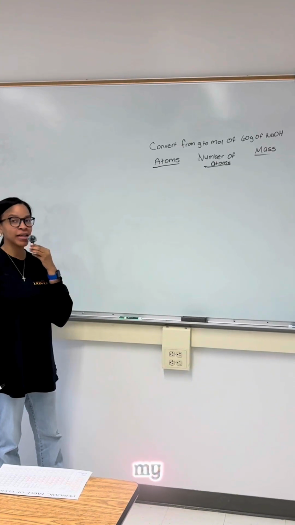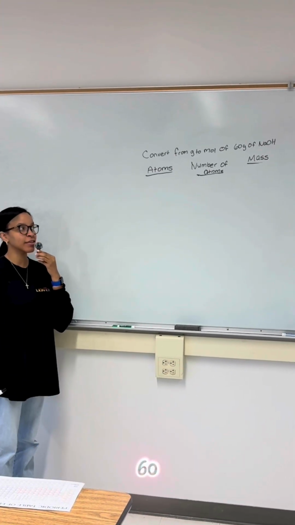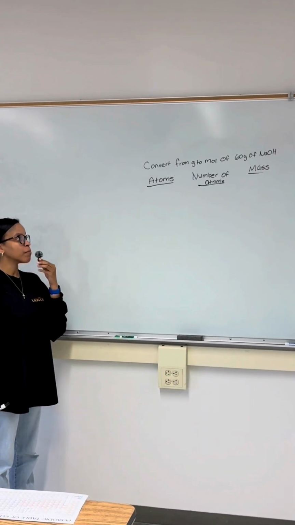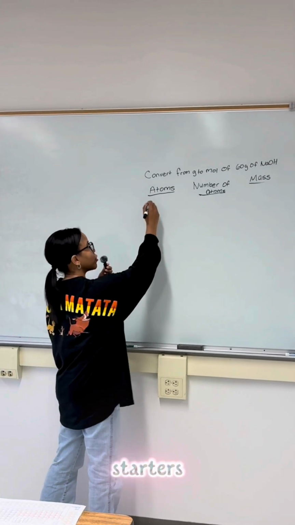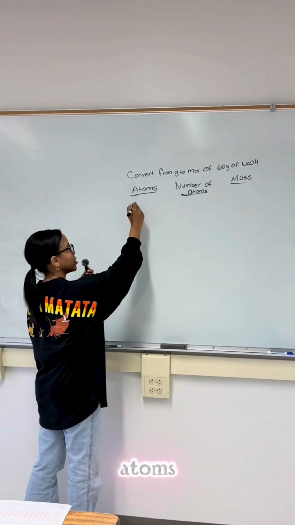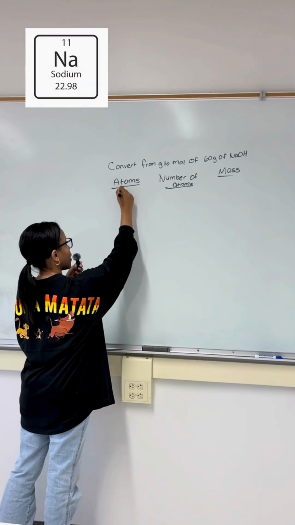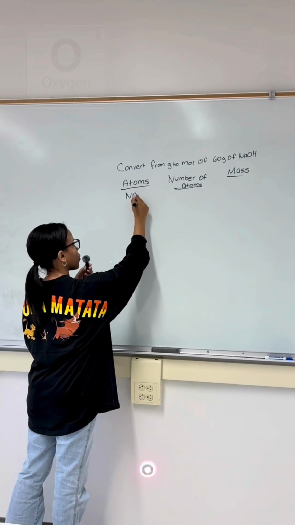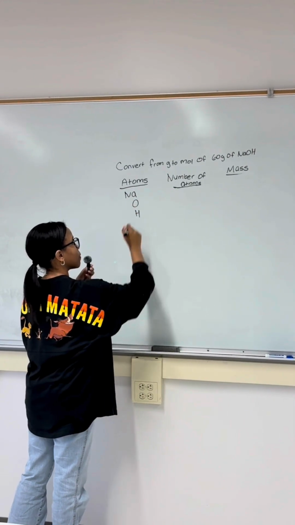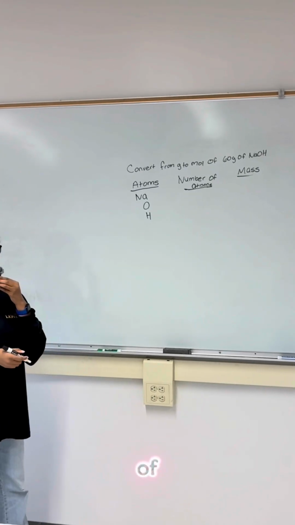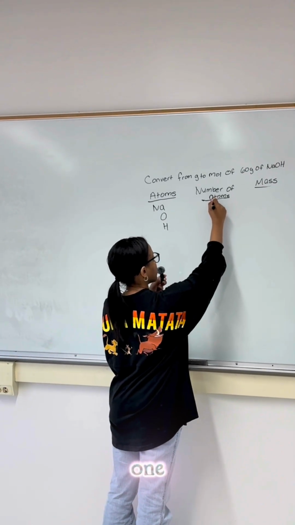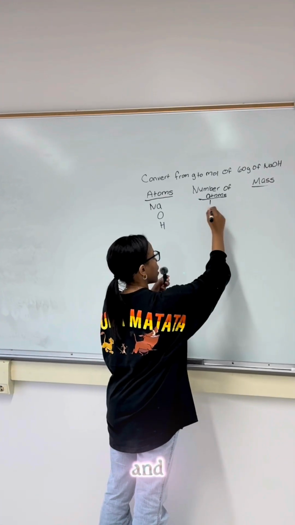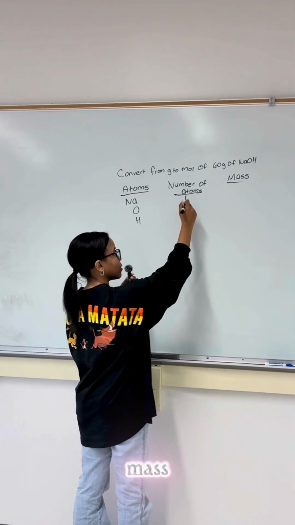Hi you guys, my name is Megan, and we're going to be converting 60 grams of NaOH from grams to moles. Let's get started. For starters, we need to find our atoms, which are sodium, Na, oxygen, O, and hydrogen, H. Next, we need to find the number of atoms. We put 1 for each one, and then multiply it by the mass number.